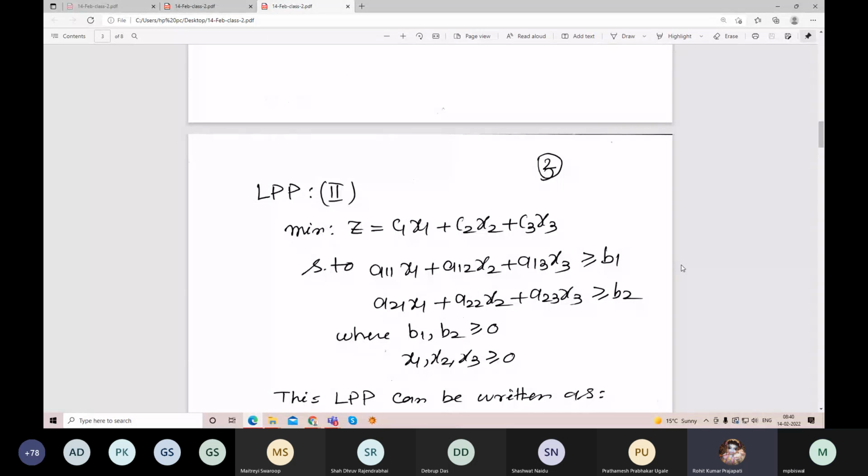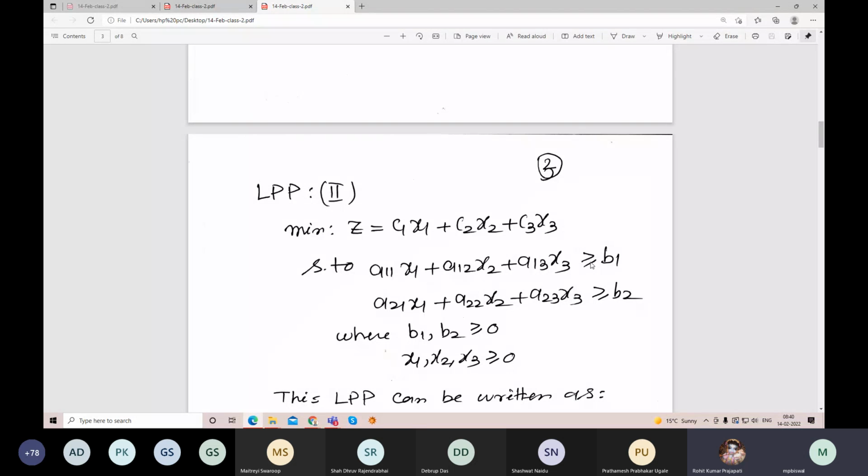How many? 21. Imagine, you will simply cry. Even if you know the answer, you will cry. You have to guess or solve 21 equations. That is the reason simplex has come into the picture.